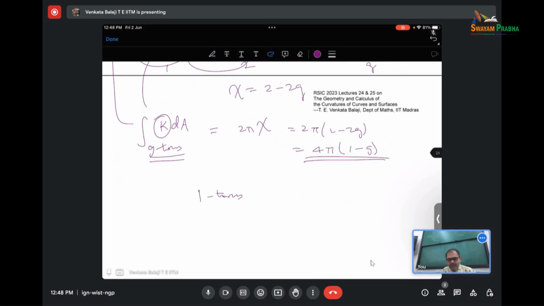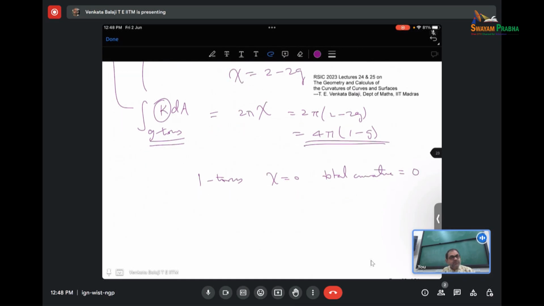That's an interesting thing, because if you take the torus and vertically cut it by this central circle above and below, you will get an inner part which has negative curvature, and an outer part which has positive curvature, and they will cancel out each other. So in the case of the torus, chi is 0, and total curvature is also 0.